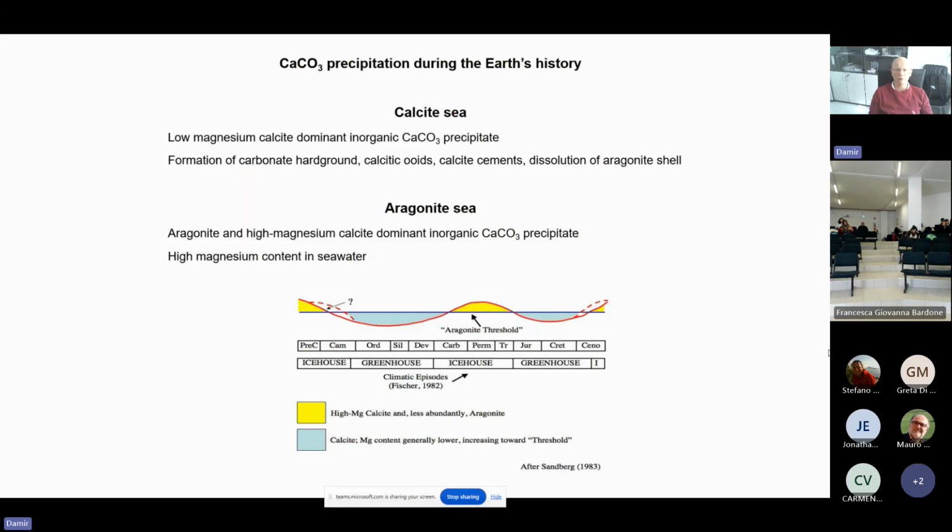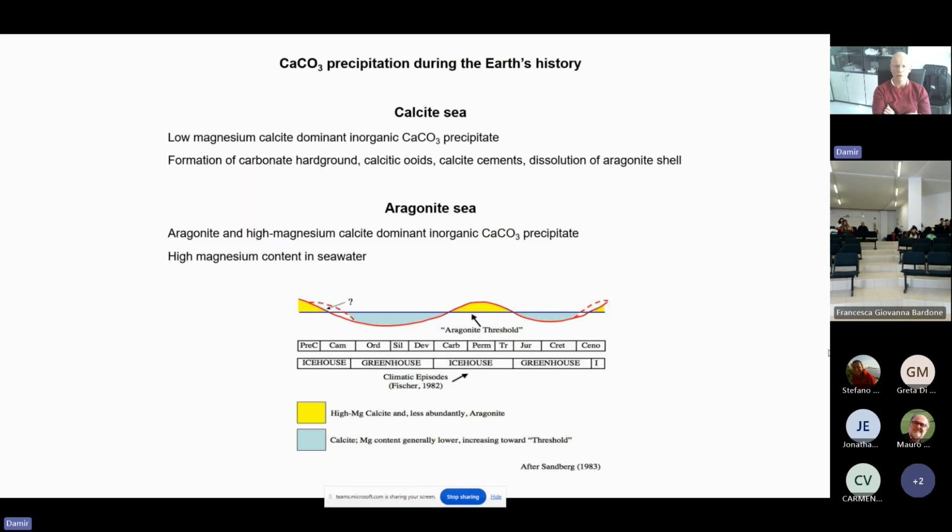During this period, low magnesium calcite was dominant as an inorganic precipitate. It produced carbonate hard grounds in the form of calcitic ooids and calcite cement. In this calcitic sea, aragonite shells that were eventually present were dissolved.